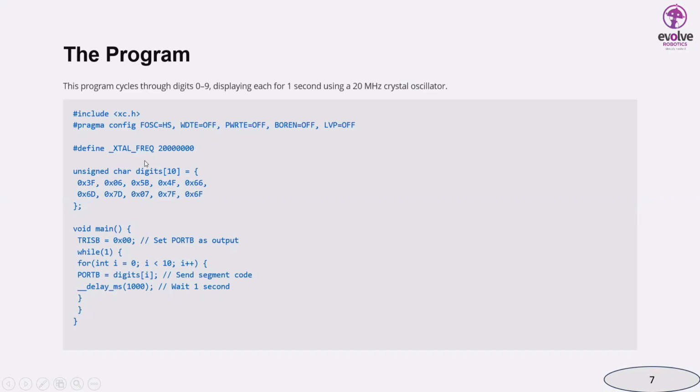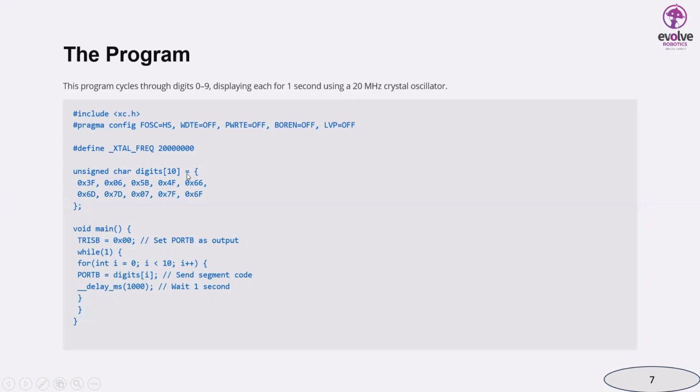Digits is the name of the array, and in the square brackets 10 is the size of the array, or number of elements. Since we have to store the hex codes of 0 to 9, we have 10 elements, hence the size of the array is 10. Is that clear?